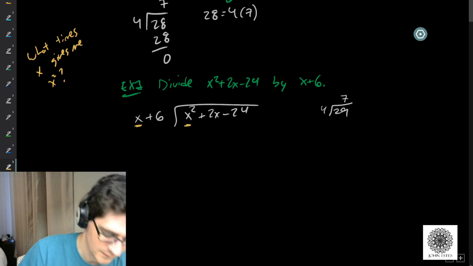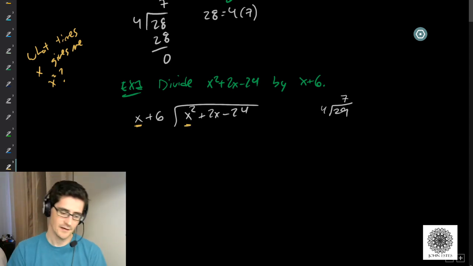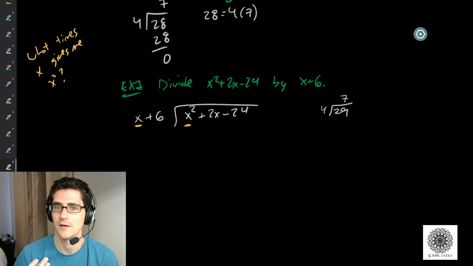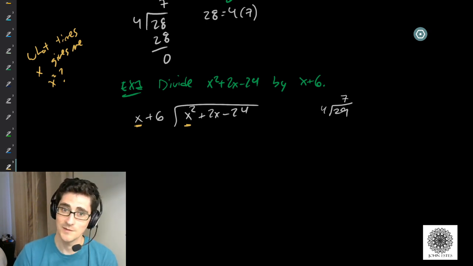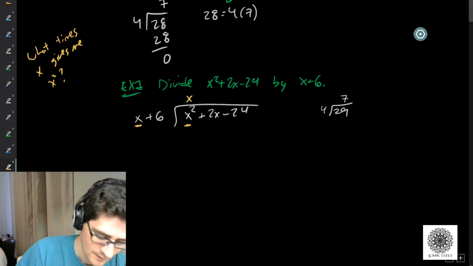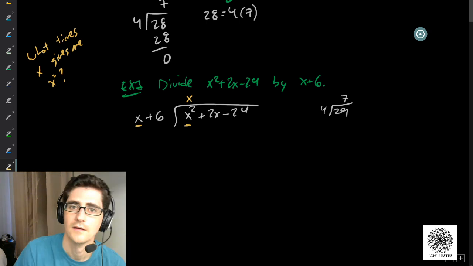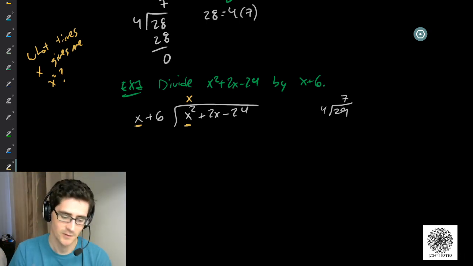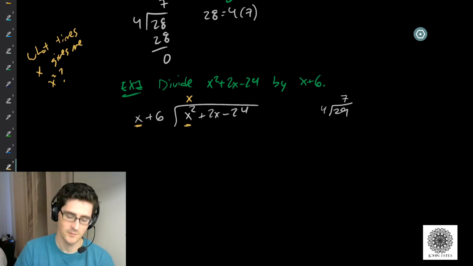And I'm looking at this term. Hopefully we can see that that would be x. x times x gives me x squared. So I'm going to put an x up here, just like I put a 7 there. This is the number of times x plus 6 goes into x squared plus 2x minus 24.